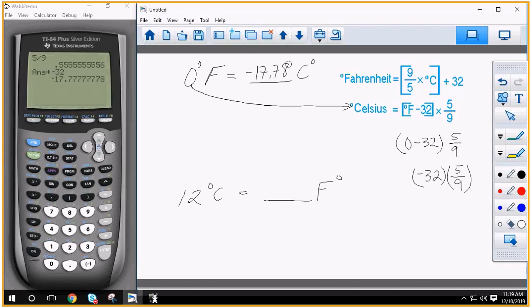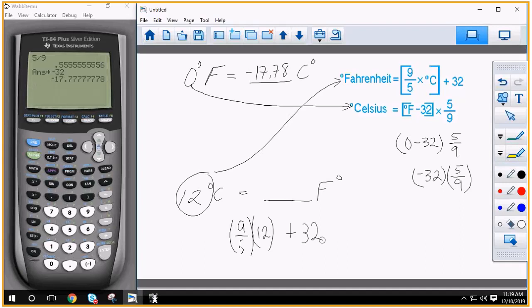And now I'm going to change the Celsius into Fahrenheit. So I'm going to take that 12 and I'm going to plug into this one. So that'd be 9/5 times 12 and then plus 32.